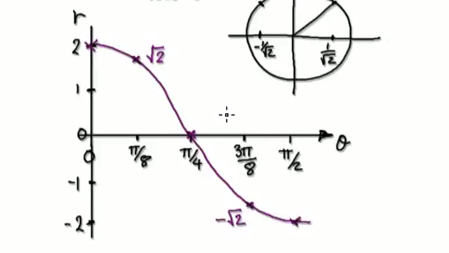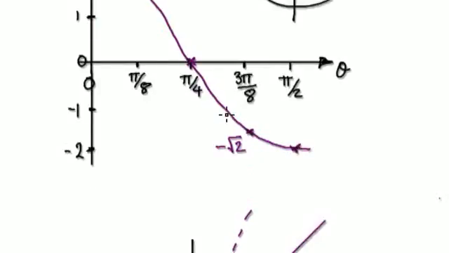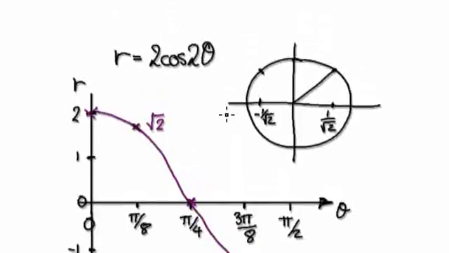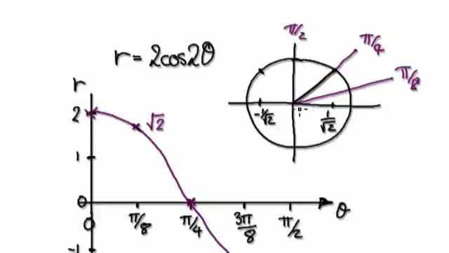Now that we've got this, we can sketch our graph. Remember, we are sketching it in terms of angles: this is pi over 2 here, this must be pi over 4, half the angle here would be pi over 8, and this one here would be 3 pi over 8.